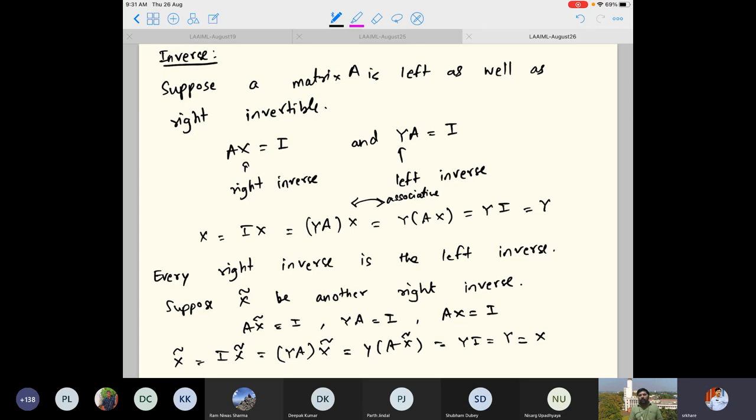The concept of inverse, how we arrive at it from left and right inverses. Are both these equations clear? Yes, sir. The second equation means that the left inverse is unique, right? Left inverse is unique.